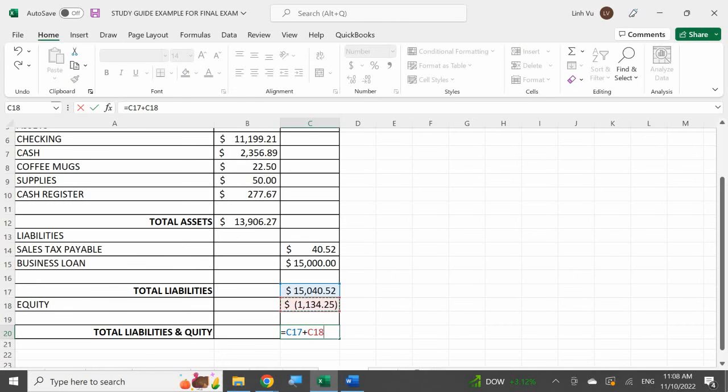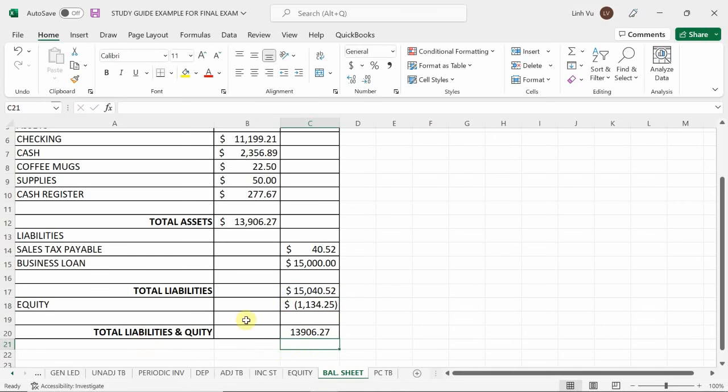So in this case, I got 15,040.52 minus $1,134.25. $13,906.27.